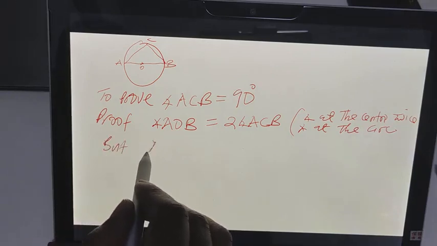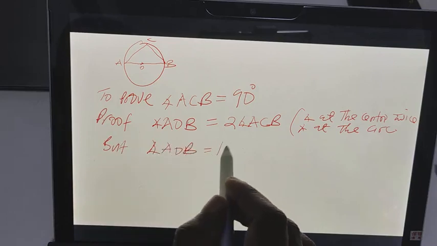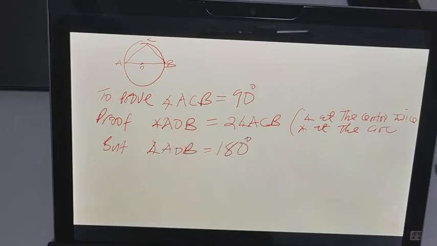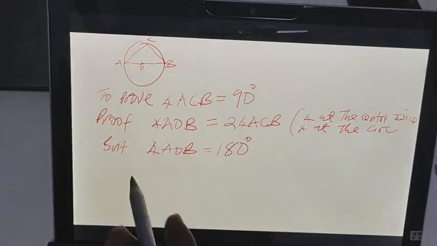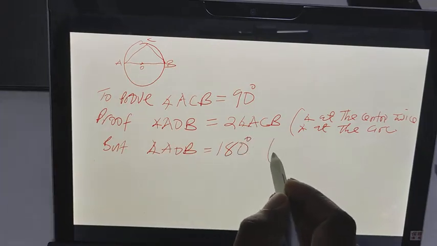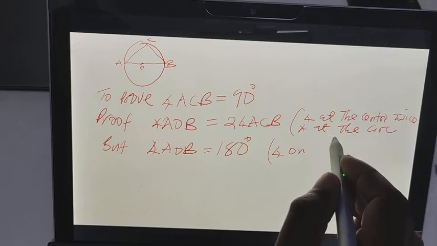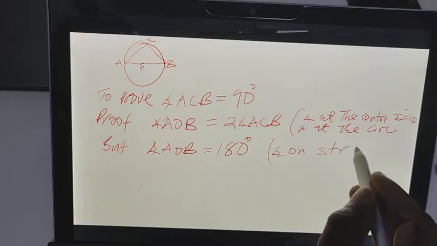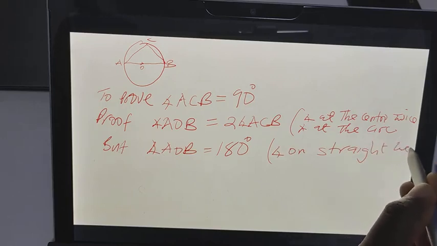But we know that this angle AOB is equal to 180 degrees. AOB is a straight line, but it's an angle. Only that it's a straight line. The angle of a straight line is equal to 180 degrees. That's the reason: angle on a straight line.